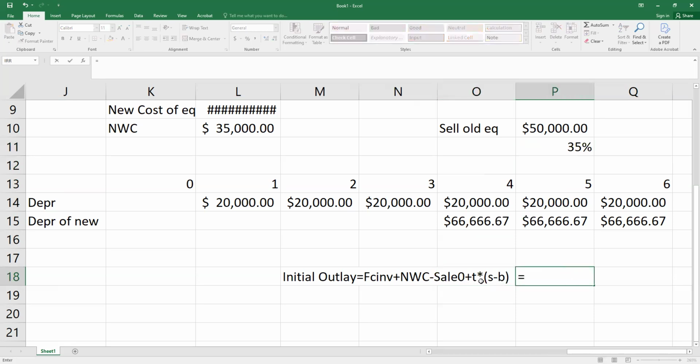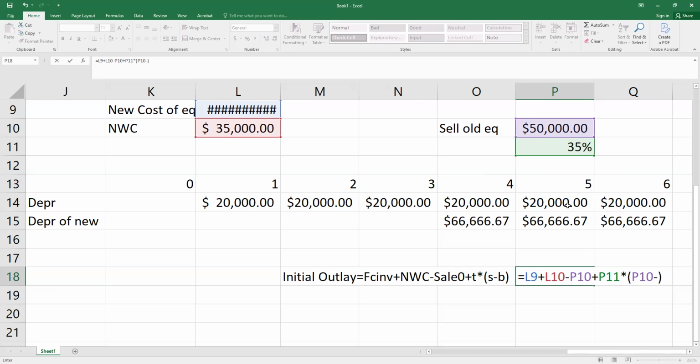So my fixed capital investment is this, plus net working capital, minus the amount that we are selling it for, plus the taxes multiplied by the difference between the sale of the old equipment and the book value of the old equipment. Sale is this one minus how much?